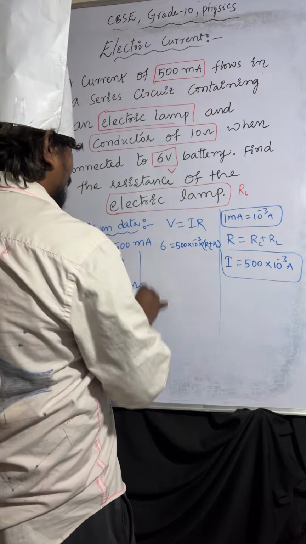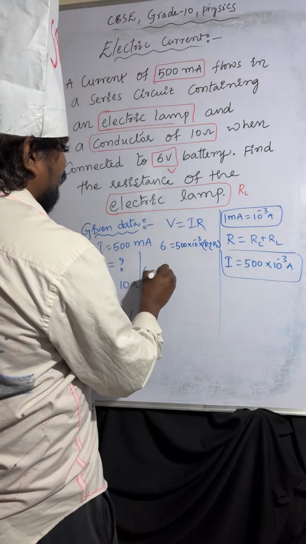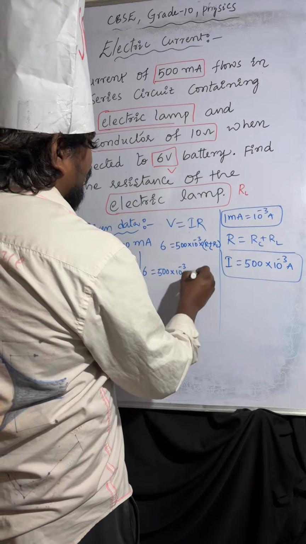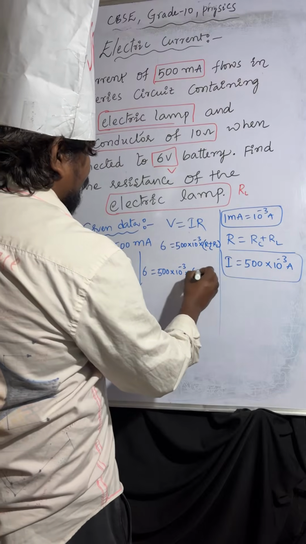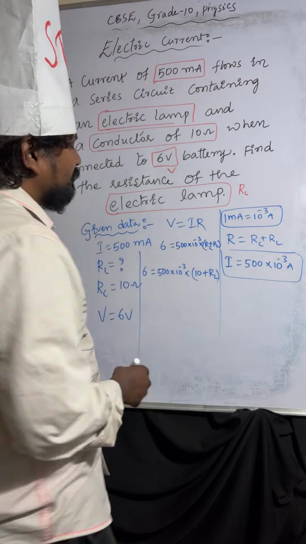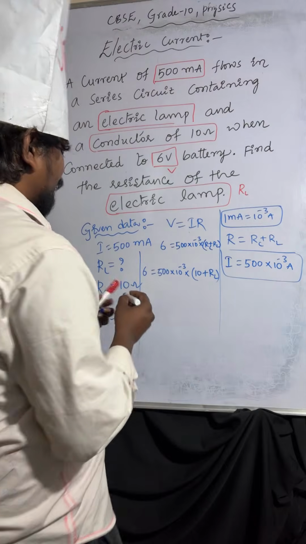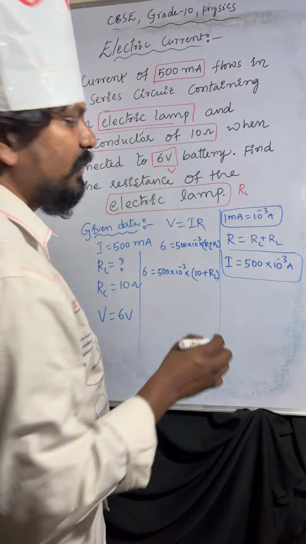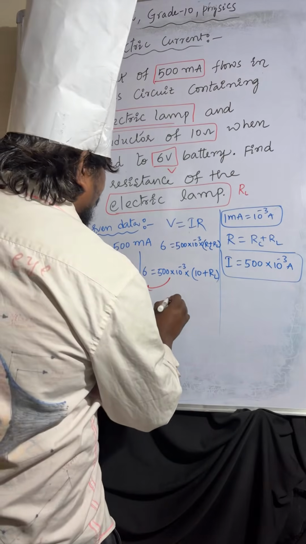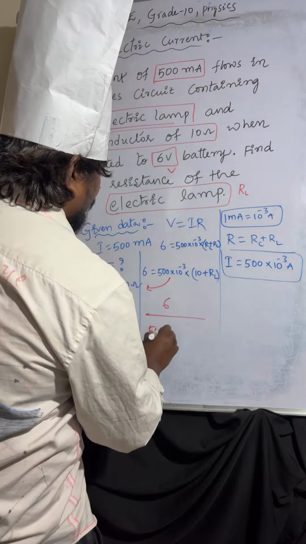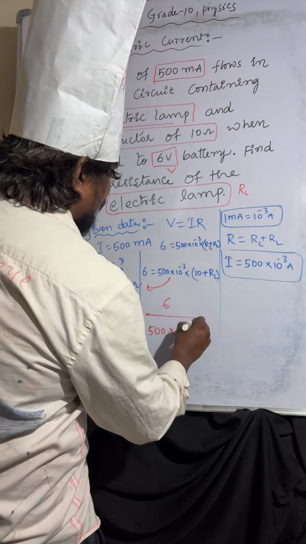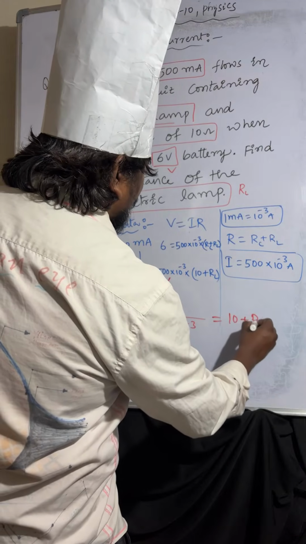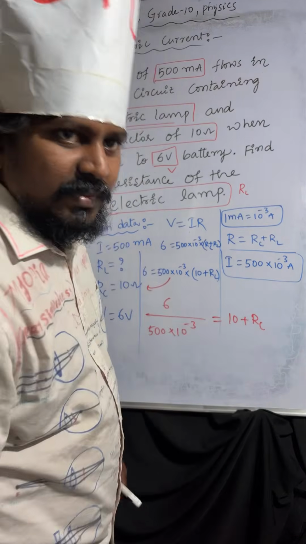RC plus RL. Okay. So now 6 equal to 500 into 10 power minus 3 into (10 plus RL), where RC equal to 10 and RL we have to find out. Take this value down, then 6 by 500 into 10 power minus 3 equal to 10 plus RL.